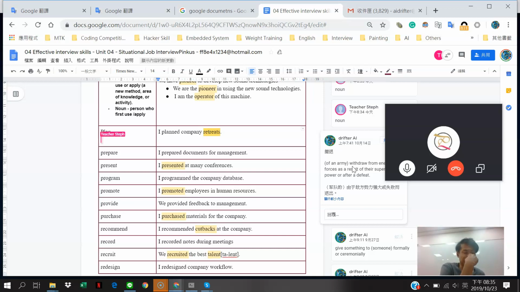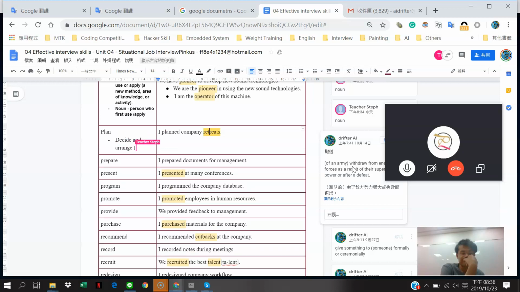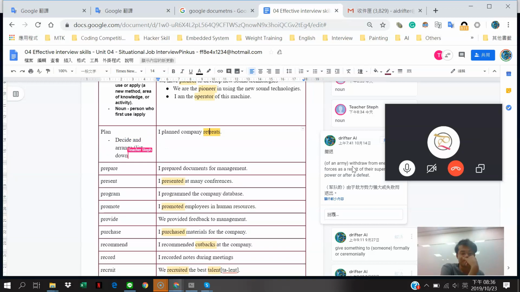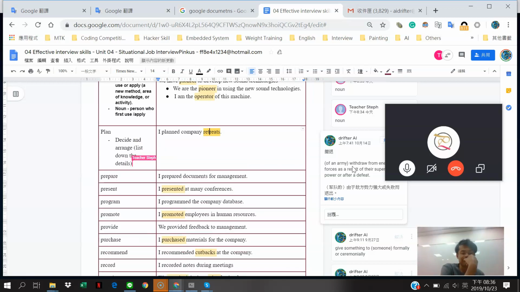So when you plan the strategy in doing a project, you decide and arrange. It could be you list down the details. That's how you plan, right? You cannot just plan anything without putting details into it or getting information about it.